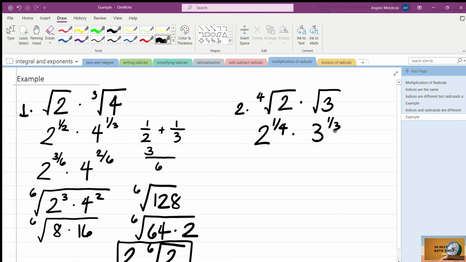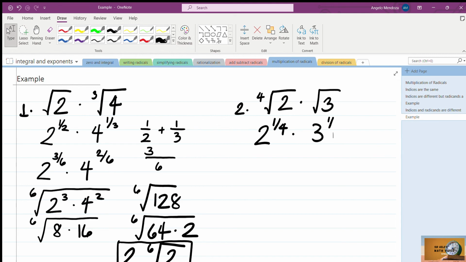Again, they have different denominators, so we can find first the LCD of 4 and 2. Actually, this one is 1/2 because it is only the square root of 3.